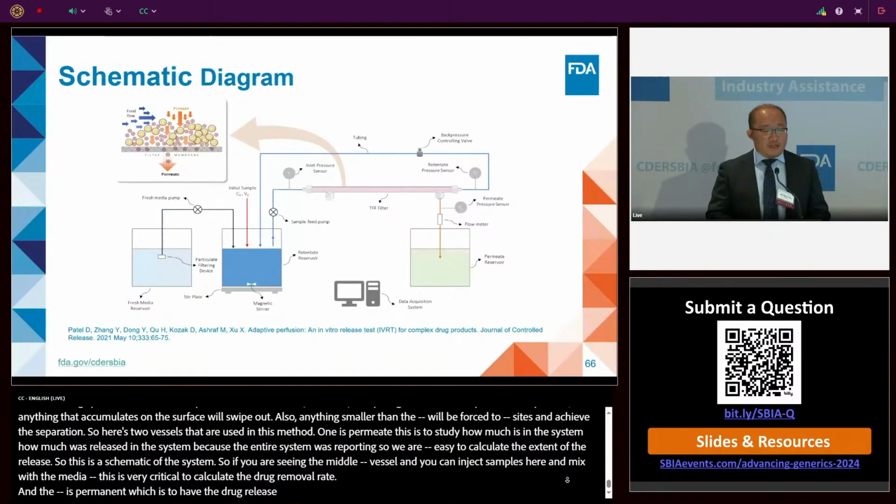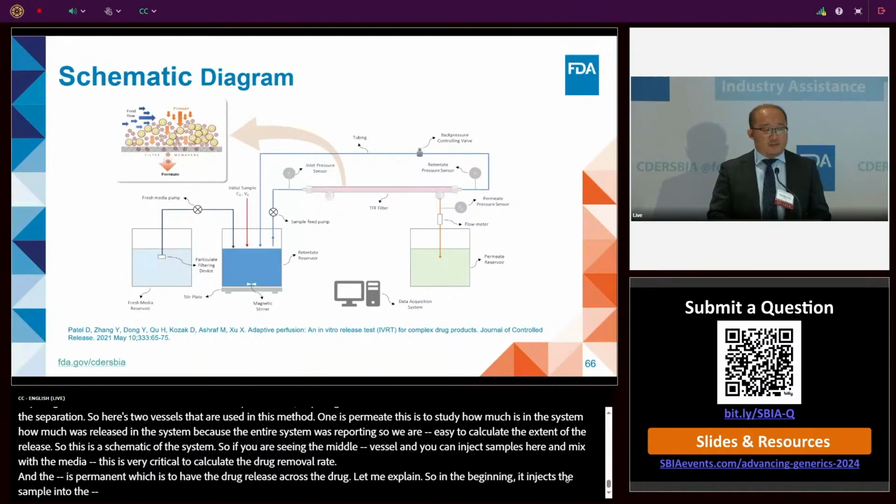At the beginning, you inject the sample into the retentate reservoir, which is the red line here, and the mixture is pumped through the TFF filters and goes back to the retentate reservoir, followed by the blue line. The back pressure control valve here creates a transmembrane pressure that is perpendicular to the feed flow inside the TFF filters.